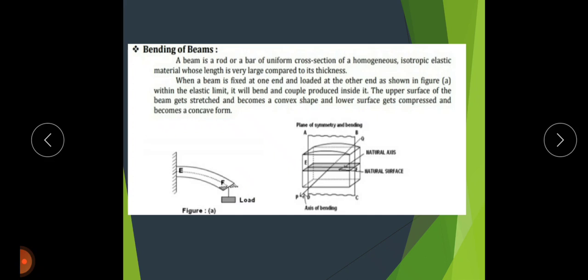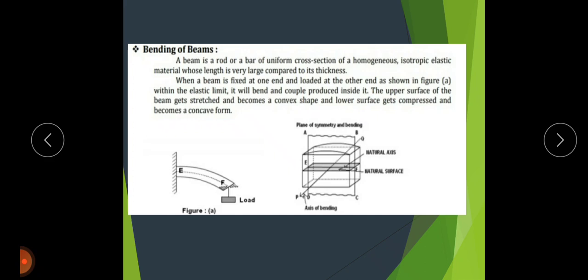When a beam is fixed at one end and loaded at the other end, as shown in this figure, one end of the beam is fixed and a load is applied to the free end within the elastic limit. It will bend and a couple is produced inside it.